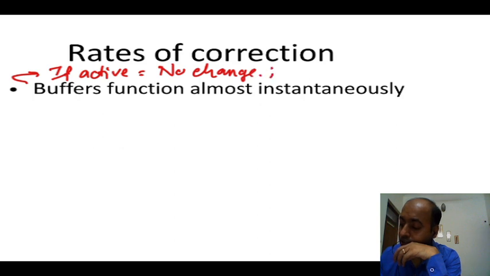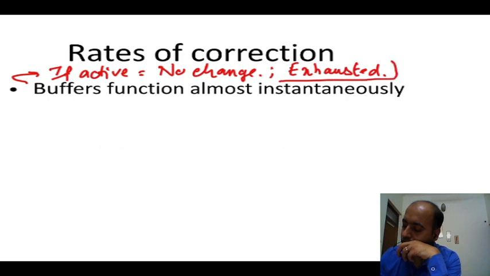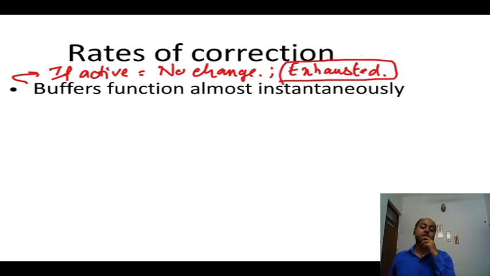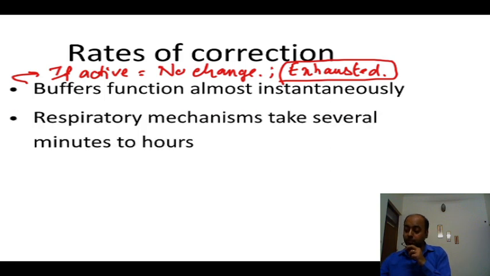When do you see the change? You see the change when these chemical buffers get exhausted. When their buffering capacity is completely used up, only then do you see the change in pH.